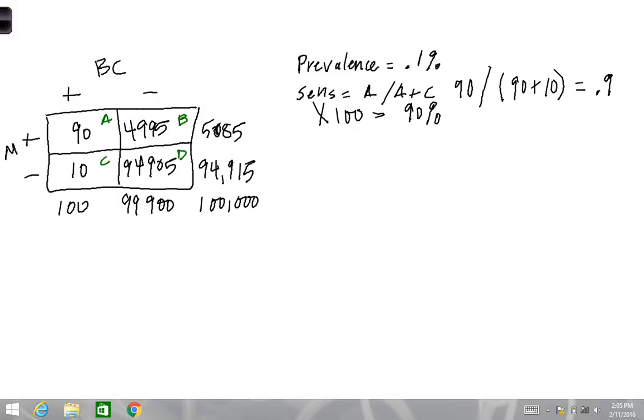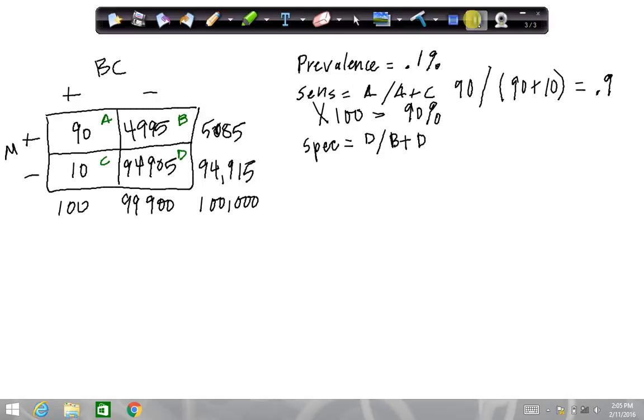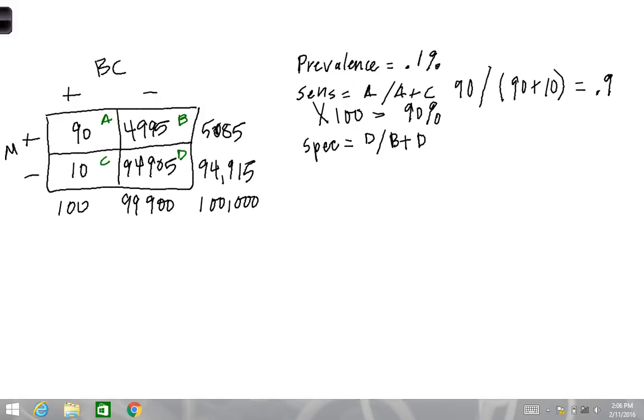Next, we're going to calculate our specificity, and that is going to be D over B plus D. So that's going to be our cases here, our women who don't have breast cancer and also have a normal mammogram, divided by all women without breast cancer.